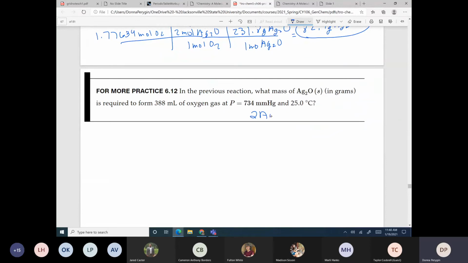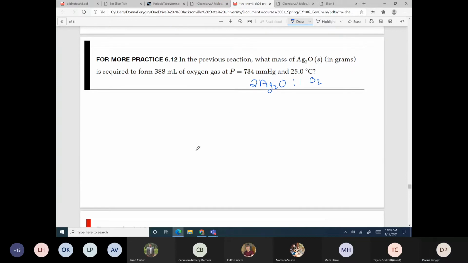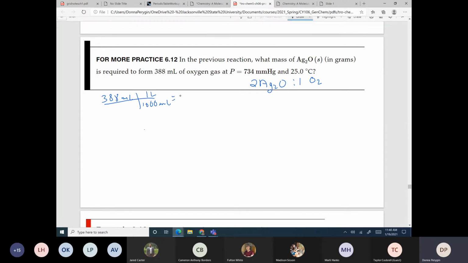2 Ag2O to 1 mole of oxygen, okay? And we want mass of silver oxide. Okay, so we've got 388 milliliters of oxygen. 1,000 milliliters is 1 liter. That's 0.388 liters of oxygen.